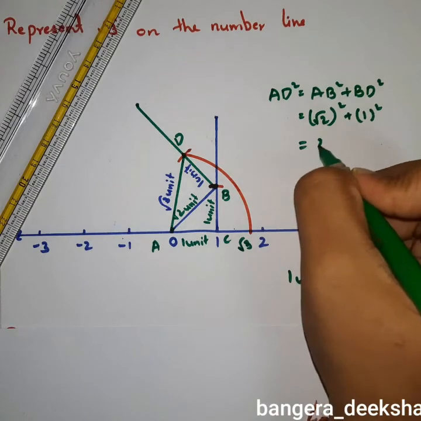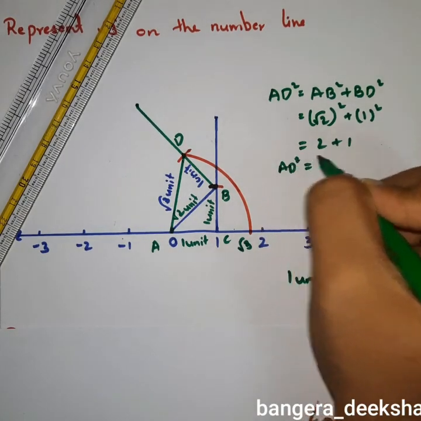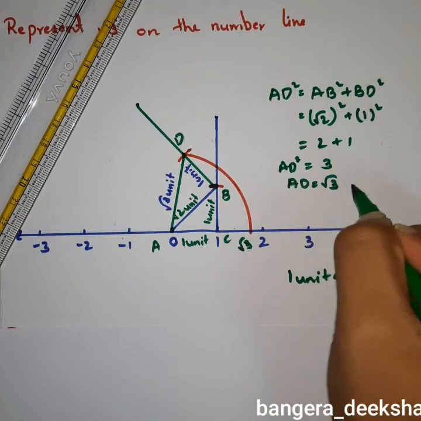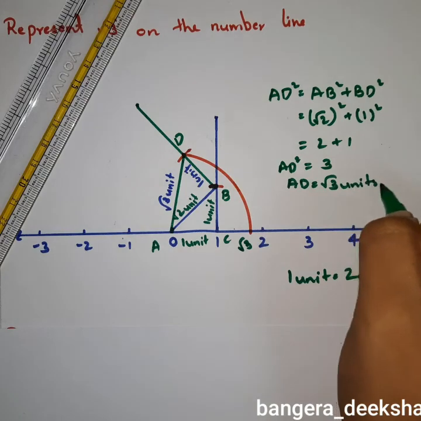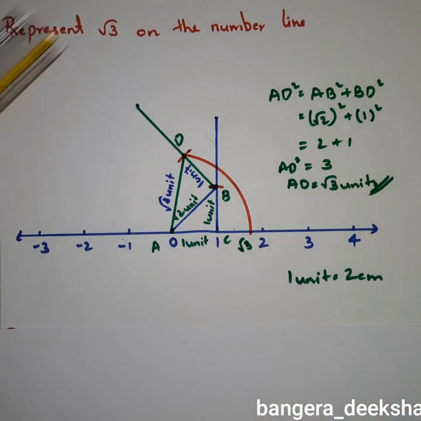Root 2 square is 2, plus 1 will give you 3, that is AD square is equal to 3. We get AD is equal to root 3 units. So that is our diagram for representing root 3 on the number line.